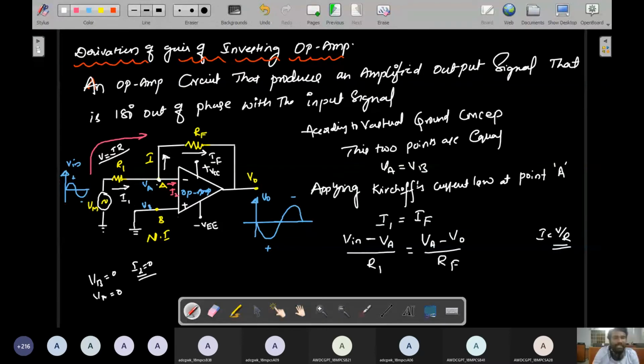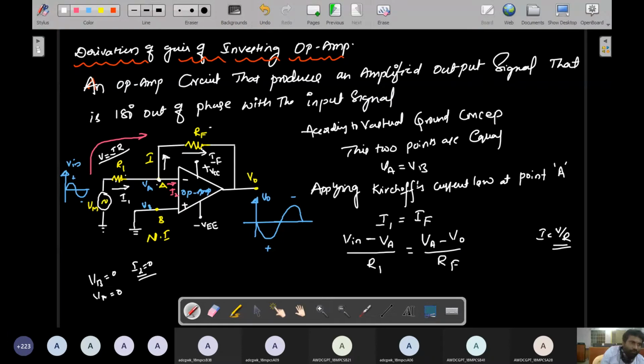Does everybody understand how I write this step? By using Kirchhoff's law, the sum of the entering currents is equal to the sum of the leaving currents. The voltage across the resistor is V equals IR, so I is equal to V by R. Now I want to represent the potentials: R1 is the input resistor and RF is the feedback resistor. The entering current's resistance is R1, and the leaving current's resistance is RF.